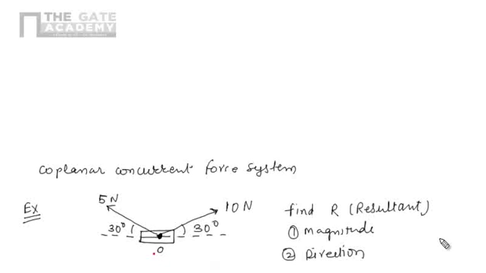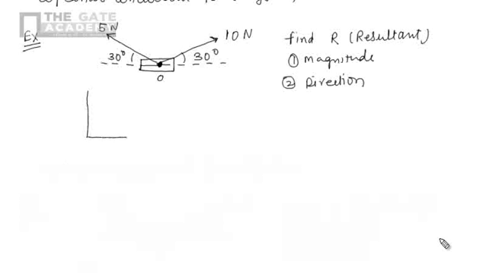So for finding out the resultant force, first we will define our coordinate system. For a 2D problem, we have the coordinate system x and y. Here we are dealing with vector quantities, so this one is positive x, this one is negative x, this one is positive y, and this one is negative y. The first step is to find the algebraic summation of all force components along the x direction.